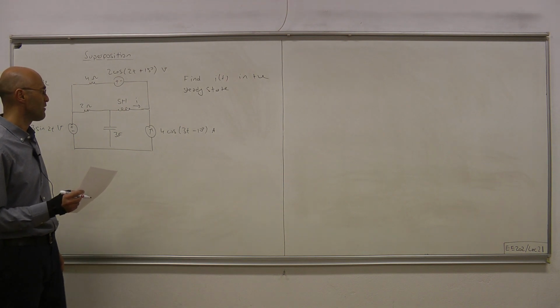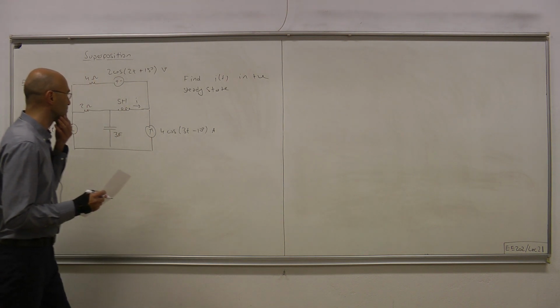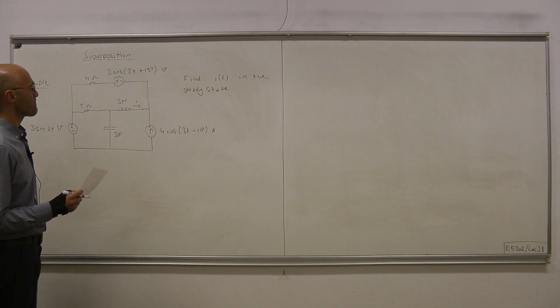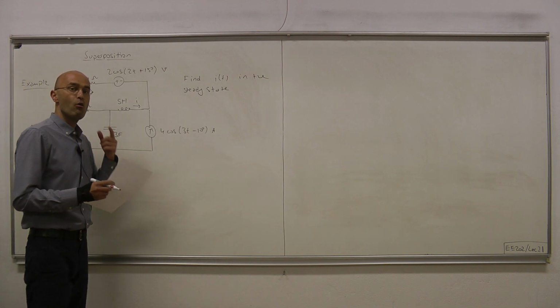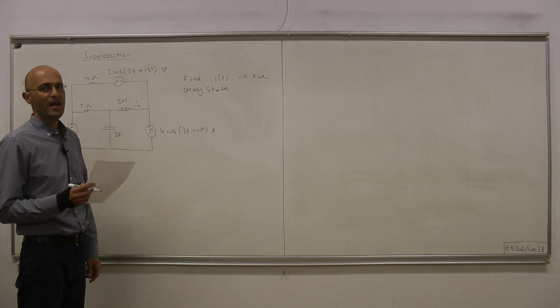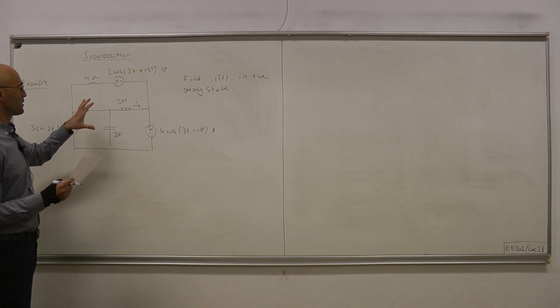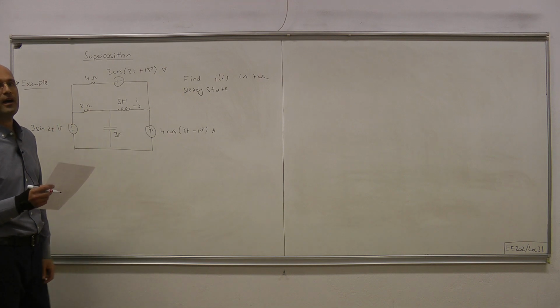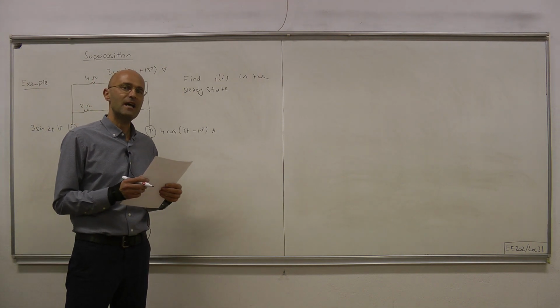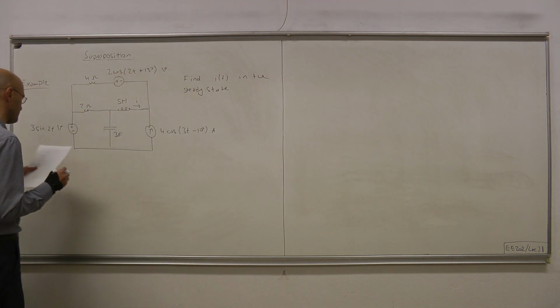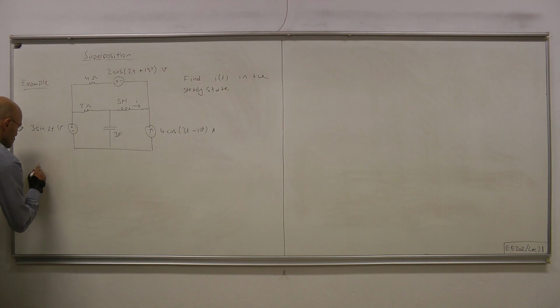So the problem can be solved by considering one frequency at a time, and that we can do thanks to the fact that this is an LTI circuit, and we can apply superposition in LTI circuits.